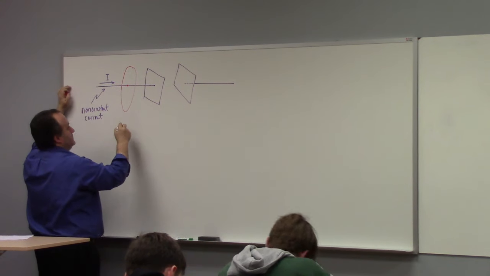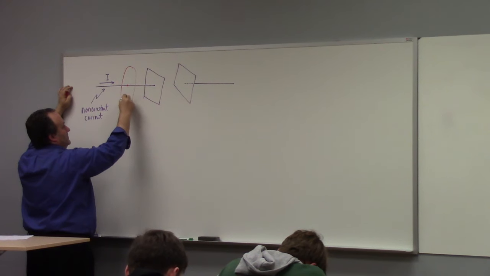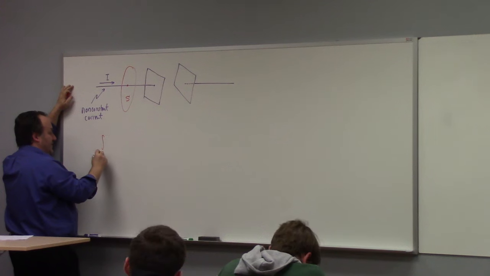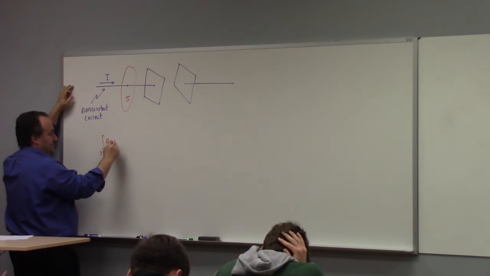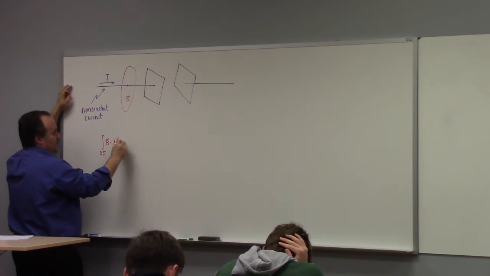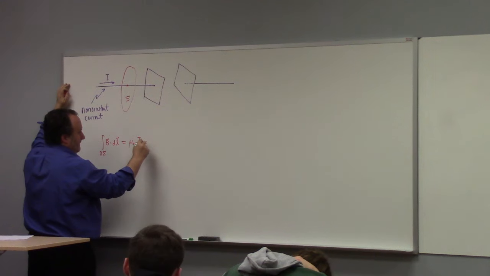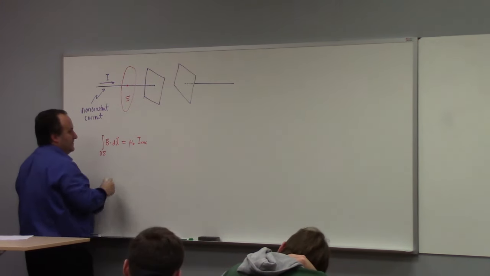So we can talk about this S. So we'd have the integral over the boundary of S of B dot dl is equal to mu naught times I enclosed, right? And the current enclosed there would be I, right?